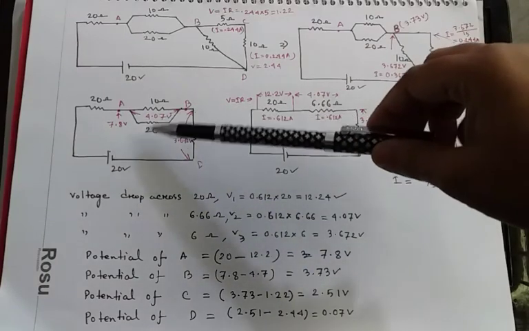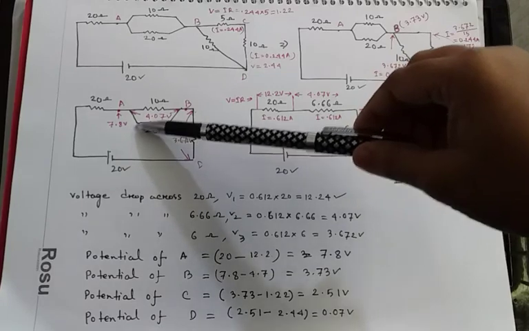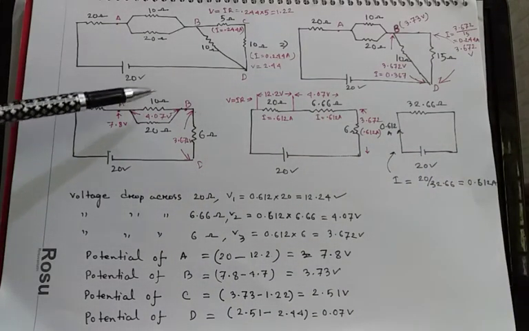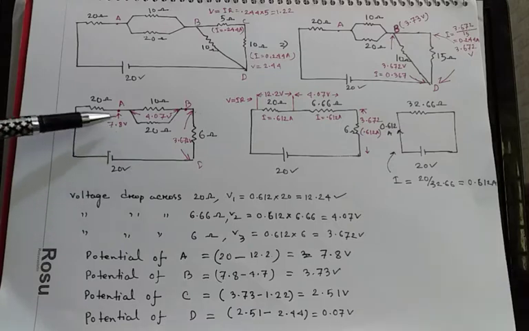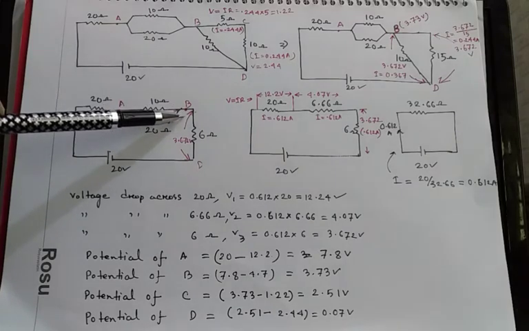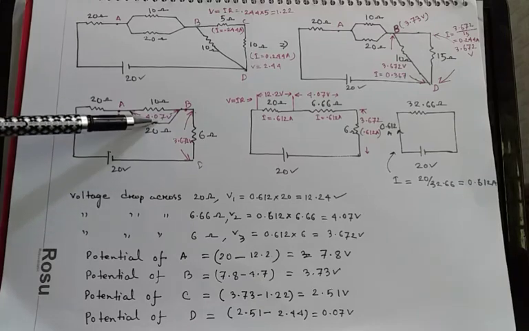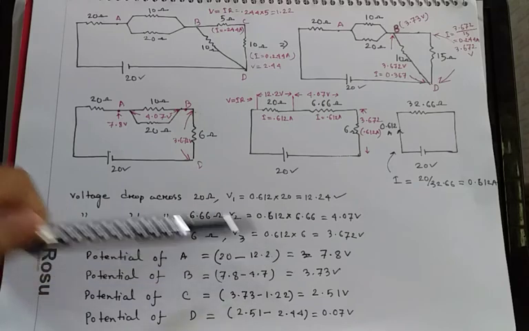We just got the potential of A is 7.8 volt, and across these two resistors the drop is 4.07 volt. That means after subtracting 4.07 from 7.8 volt, we will get the potential for B. So that will be 7.8 minus 4.07, that means 3.73 volt.